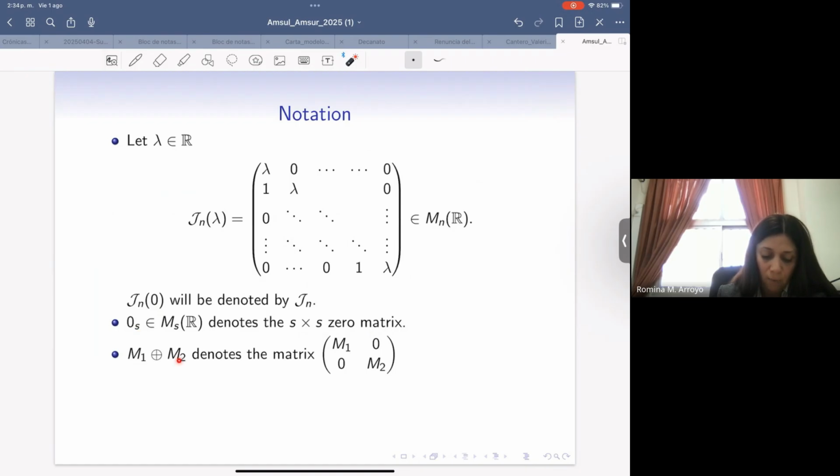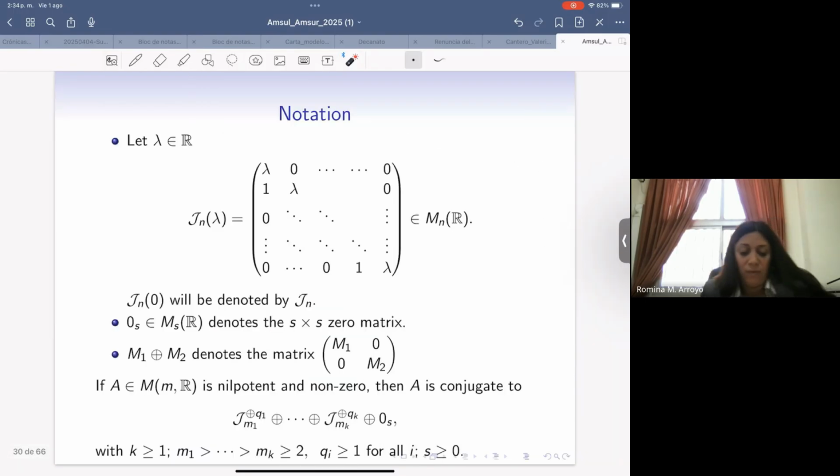And I am going to denote these block diagonal matrices with this sum. Then if you have a nilpotent matrix which is not 0, A will be conjugate to a matrix like this. This is basically the Jordan normal form of A.